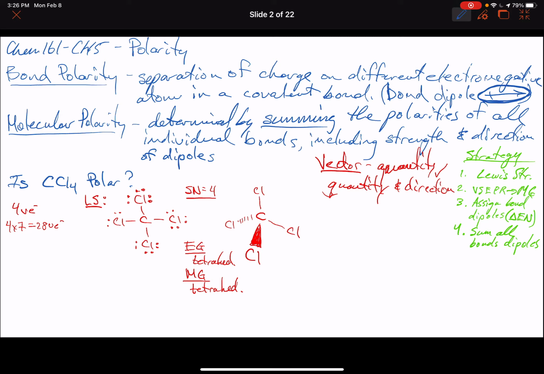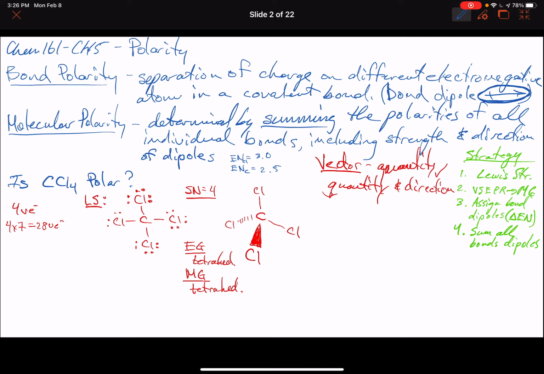So we can remind ourselves of electronegativity. We know by intuition that chlorine's more electronegative. So if you wanted to prove that, you could go and look up the electronegativity for chlorine, and you would find that that is equal to 3.0. The electronegativity value for carbon is 2.5. And so there's a modest difference here, a delta EN of 0.5, and this puts that bond into the polar category.